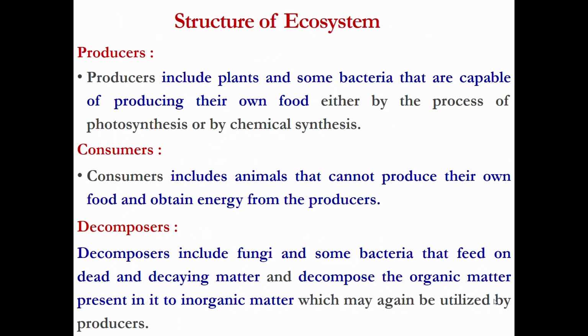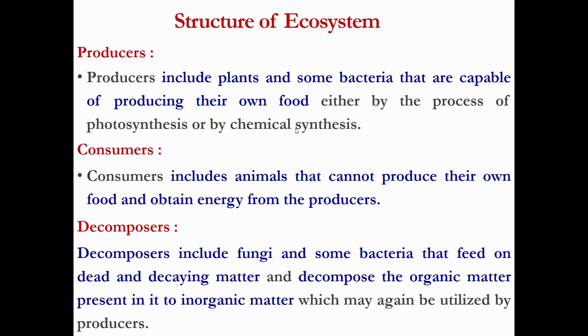Next is the biotic components. The first one is the producer, which produces its own food, and includes plants and some bacteria which are capable of producing their own food by themselves. Such plants are considered producers. Then consumers are the next level of living things in the ecosystem under the biotic category.